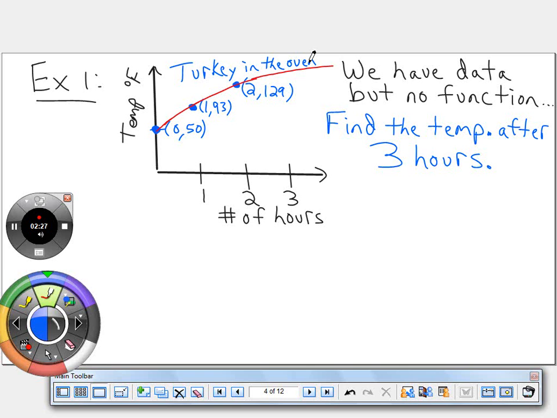The question for us is to figure out the temperature of the turkey after 3 hours. We know at 0 time it's 50 degrees Fahrenheit, after 1 hour it's up to 93 degrees Fahrenheit, and at 2 hours, it's up to 129 degrees Fahrenheit. We're supposed to make some prediction as to what the temperature is after 3 hours.